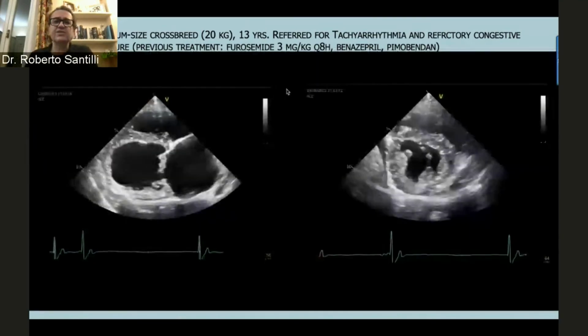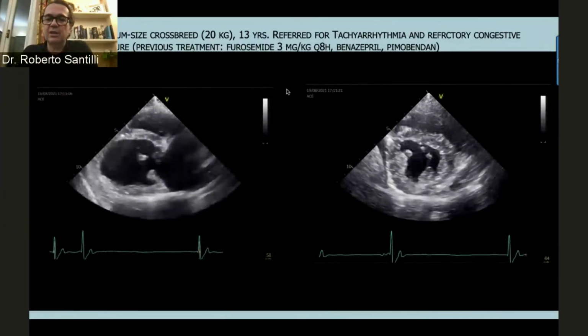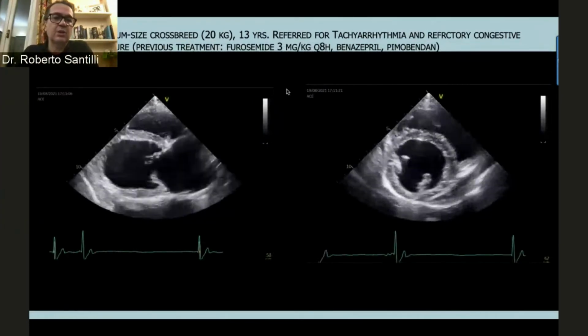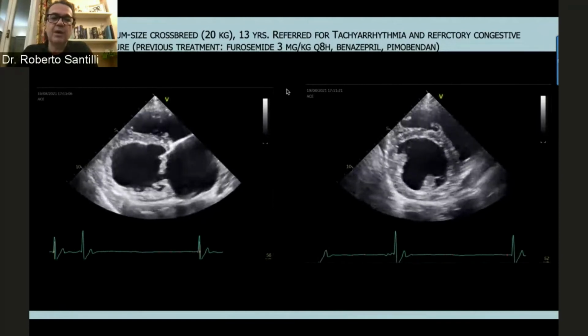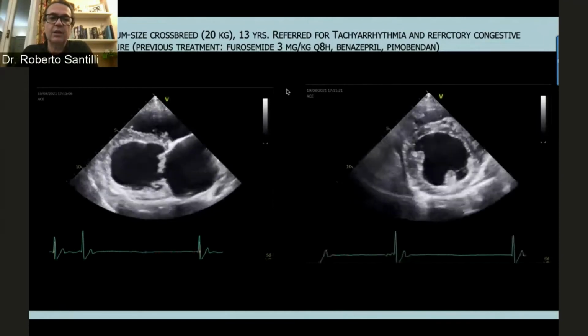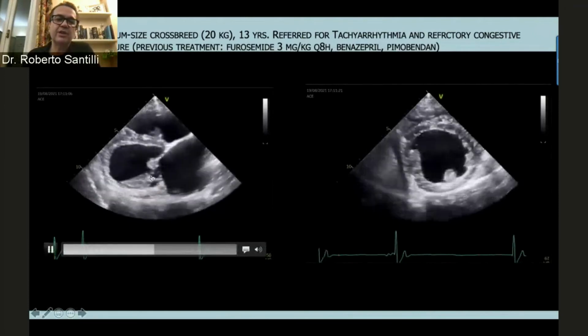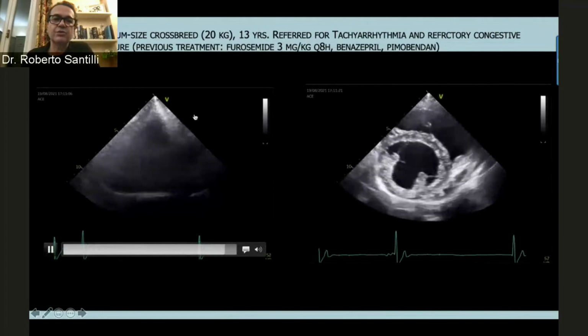So why did this dog go back? Look how bad the bradycardia was for this particular patient. Remember that when you have severe mitral valve disease and a lot of your blood is going back to the left atrium, you have a drop in the stroke volume.